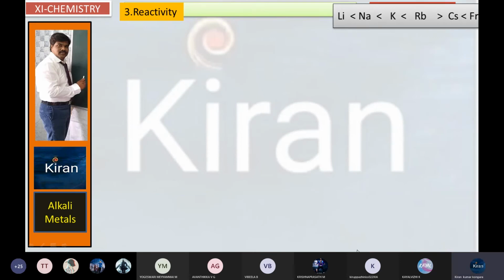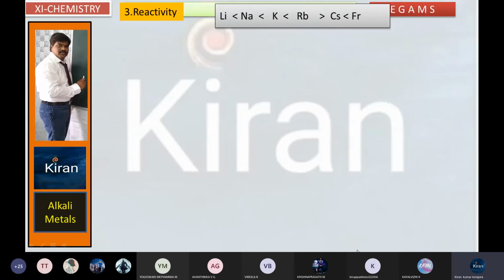When we observe the reactivity of alkali metals, lithium has lower reactivity compared with cesium and francium. Cesium and francium are the higher reactive elements in this group, so lithium is a low reactive element.